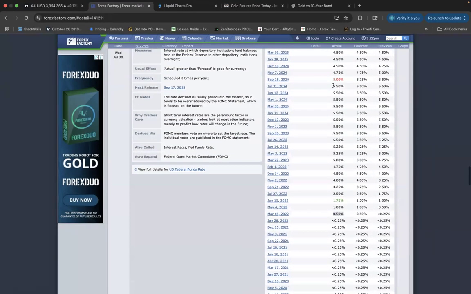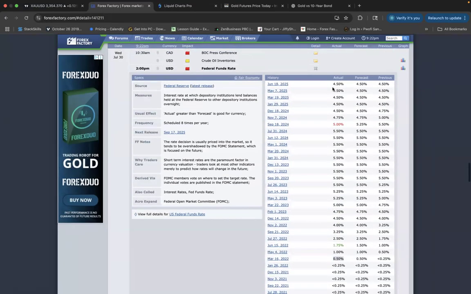And we went all the way up to 5.5, and now we're at 4.50. So we can tell Jerome has been doing a great job at decreasing it gradually. To answer your question, that's how it's supposed to be done. It's not supposed to be drastically changed just to satisfy people.